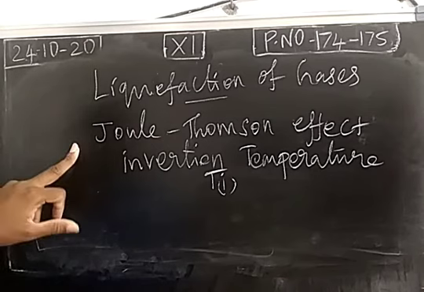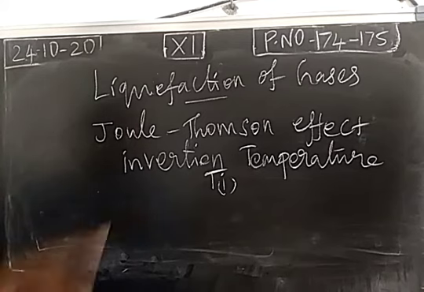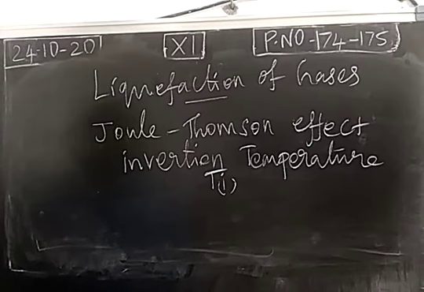So when the gaseous molecule undergoes the Joule-Thomson effect, it becomes a liquid easily. Right? So to undergo the Joule-Thomson effect, the temperature should be less than the inversion temperature. Above this inversion temperature, the Joule-Thomson effect will not be observed. So expansion will take place in a random manner.